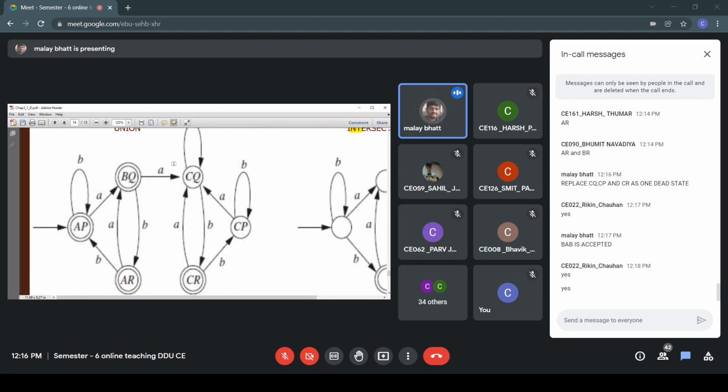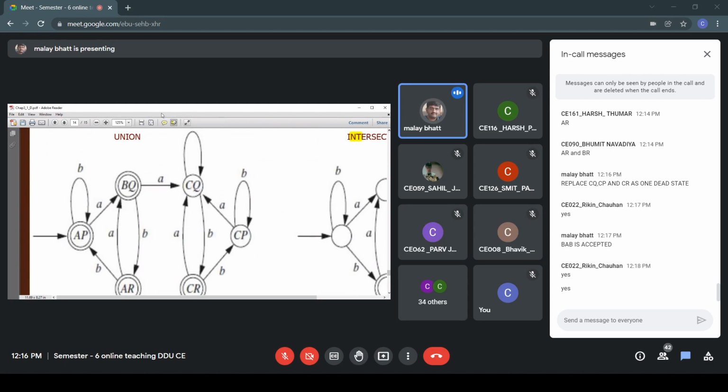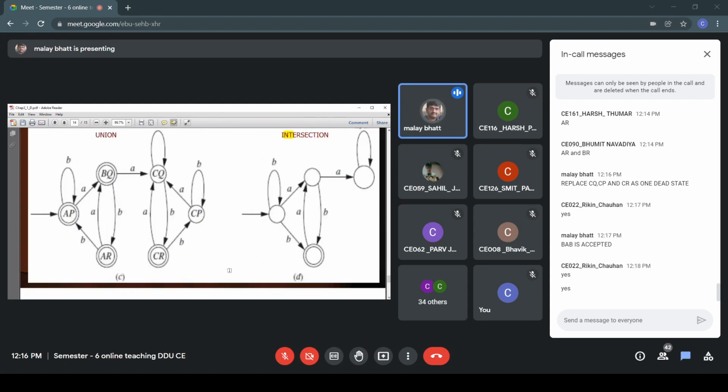Okay, now let us focus on the union part. The only difference between the intersection and union is that in case of a union, if any one of the states is an accepting state, because the definition will be either it should not contain the substring, or it should end with AB.